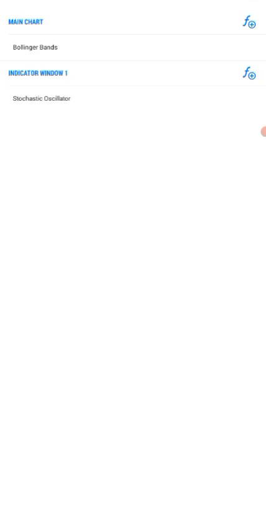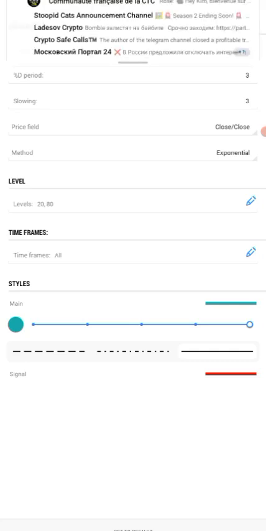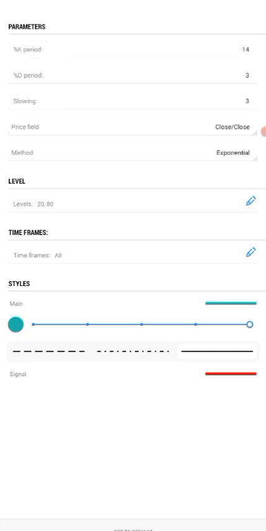Now for our stochastic oscillator, the period is 14. K period is 14. D period is 3, and then slowing is 3. Then price field, we have the close, method exponential, and then our levels. Take note of our levels.